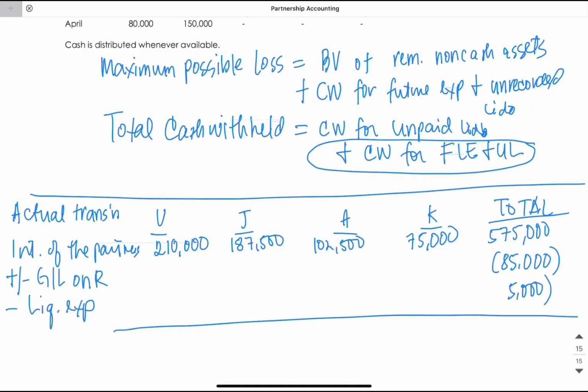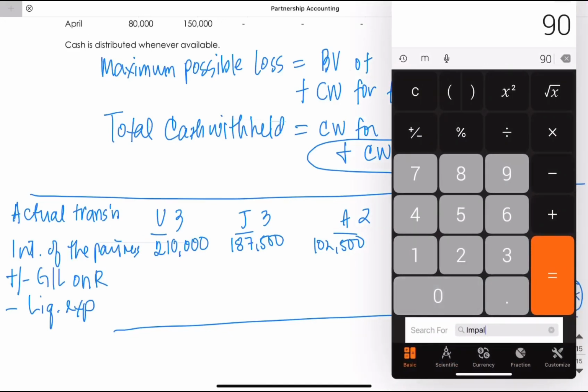Since both gain or loss on realization and liquidation expenses will be absorbed by each partner in accordance with their P&L ratio of 3:2, we can combine these two. So this is 90,000. So 90,000 times 30%.